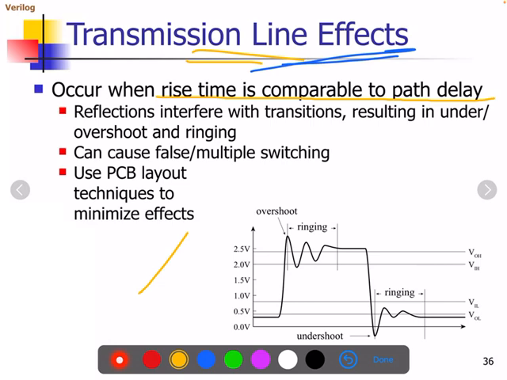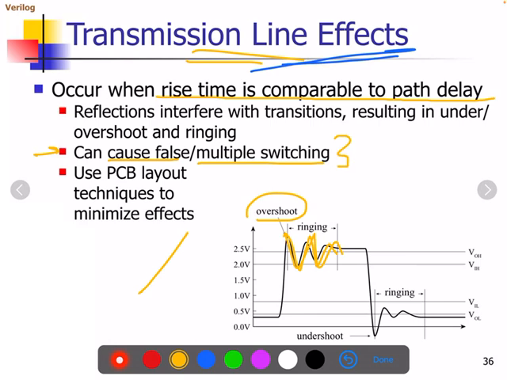Then it will lead to a transition, also a factor called overshoot, and it also leads to ringing, fluctuation in the signal. Ultimately this overshooting and ringing will lead to false as well as multiple switching, unwanted activity that takes place.